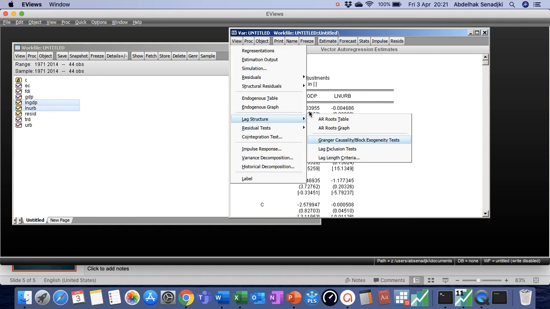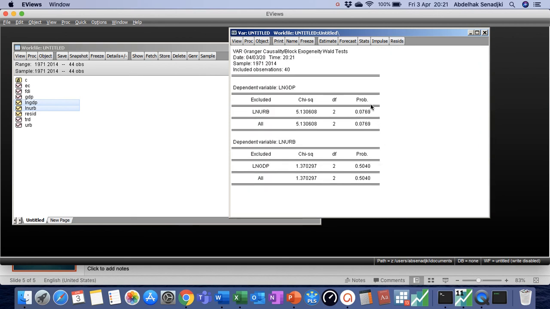After that, I will go to view, lag structure again, and put Granger causality block exogeneity test. So now I have this table. First we see that urban does not Granger cause GDP at 5%.